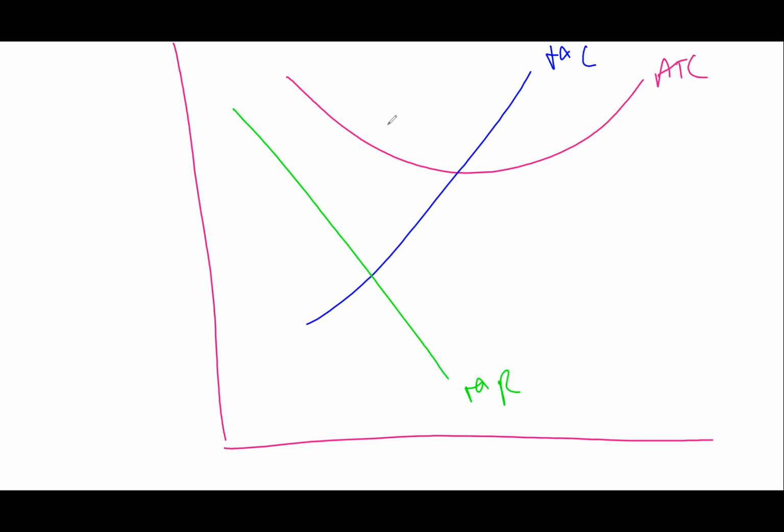Sorry guys. And then we would have the price curve. The company needs to produce where MC is equal to MR. Let's change the color here to black. The company will produce here.